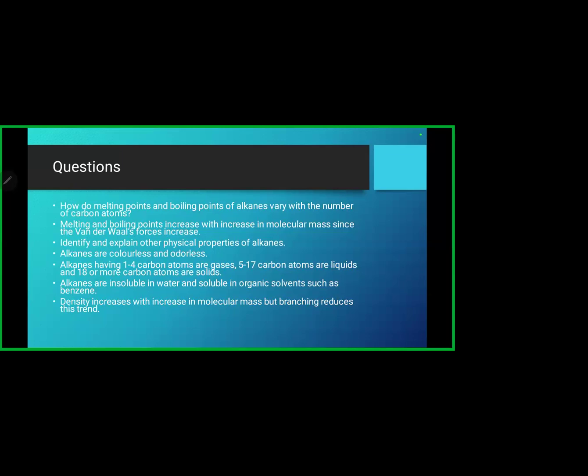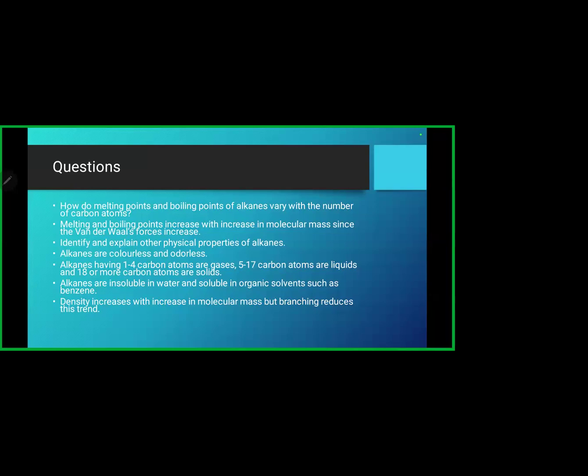When I asked last time, people told me we can look at their physical state, their solubility, their density, their boiling and melting points, and their color. So these are some of the physical properties, well explained in terms of the different properties you gave me in the last lesson. So you realize that alkanes from 1 to 4 are gases.